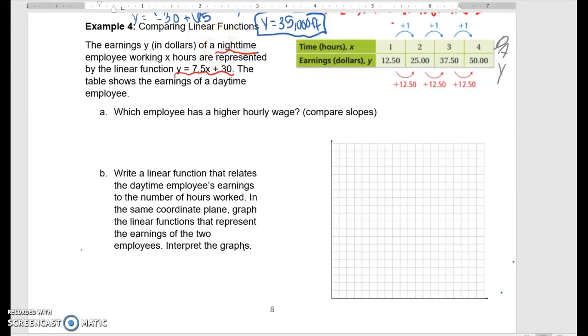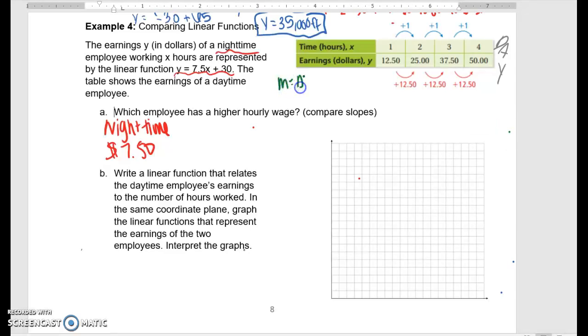So the very first thing they want you to figure out is which employee makes a higher hourly wage. So the very first thing I'm going to do is it says to compare the slopes. So I have my nighttime employee, and I can see that the slope for my nighttime is 7.5, which means $7.50. My daytime employee, I have to figure out what that particular slope is.